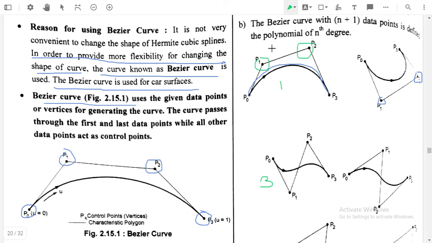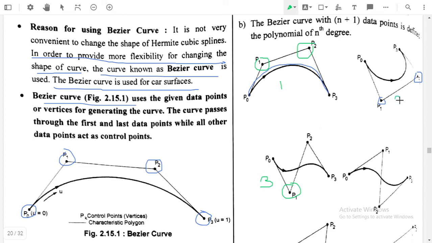And in image 3, we have changed only the position of the point P1, and as the position of the point P1 changes, the shape of the Bezier curve becomes totally different.